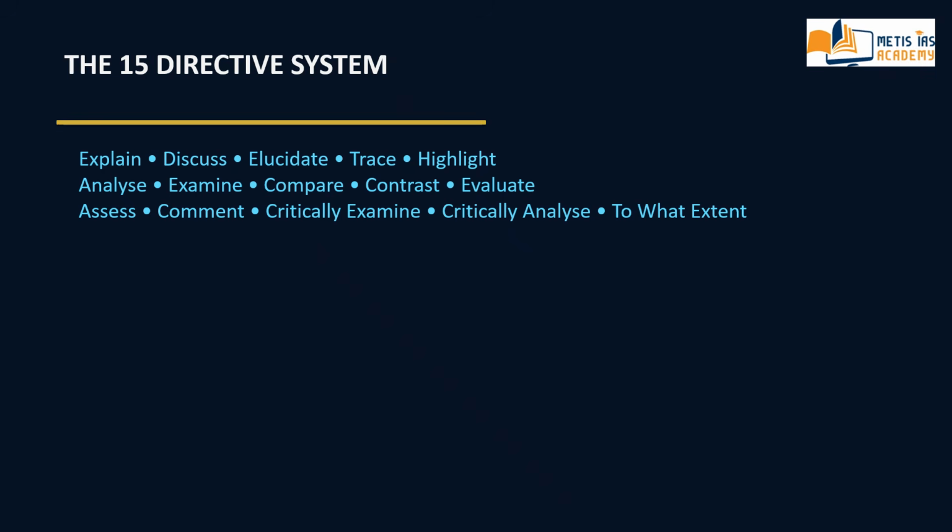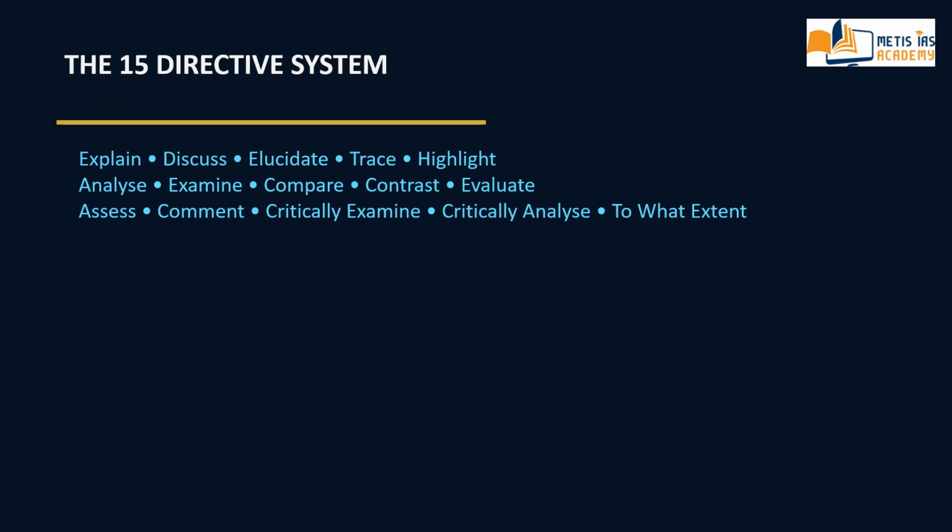Those 50 words, those are directive words. We are going to start with the first question family, that is explanation directives. What is the explanation directives family? Explanation directive means tell me clearly.